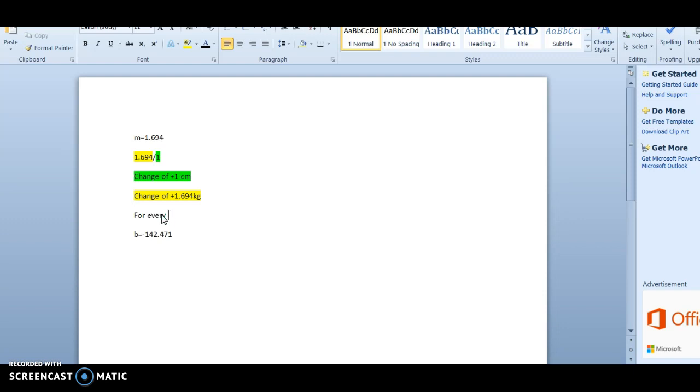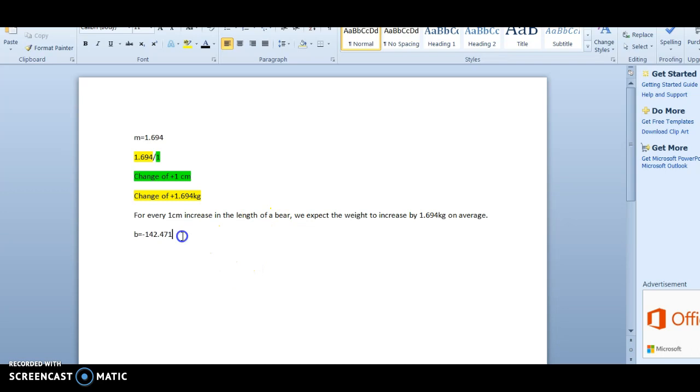So I'm going to say something like, for every 1 centimeter increase in the length of a bear, we expect the weight to increase by 1.694 kilograms on average. So your interpretation should reference your explanatory, your response, and use units.